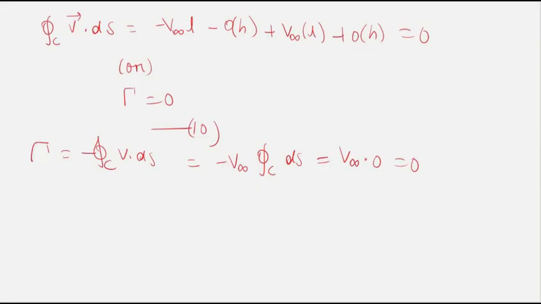Now why has this gone to 0? Because the line integral of ds around a closed curve is identically 0. That is why we get it as 0. So from equation 10, what can we state? That the circulation around any closed curve in a uniform flow is 0.